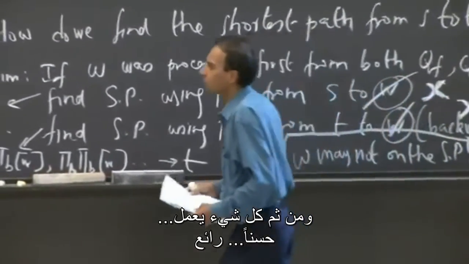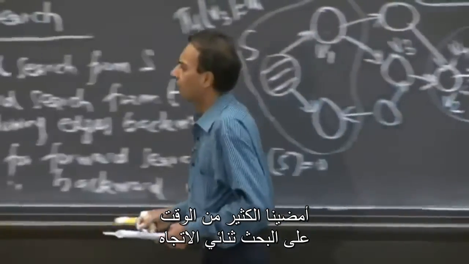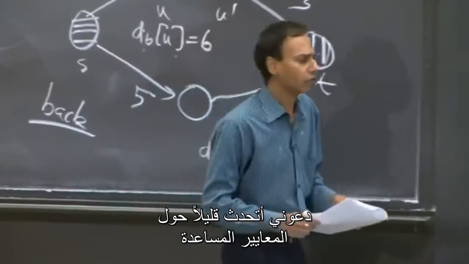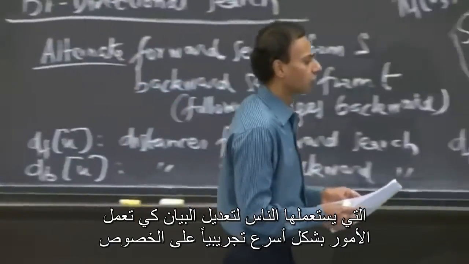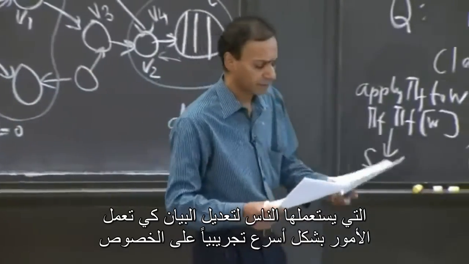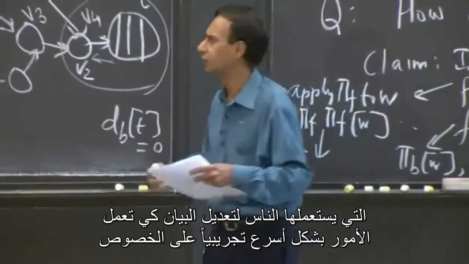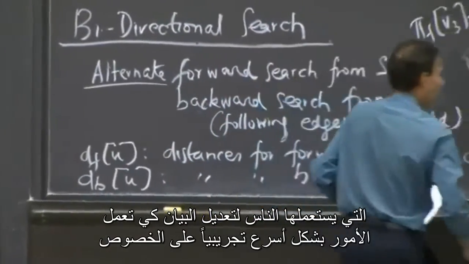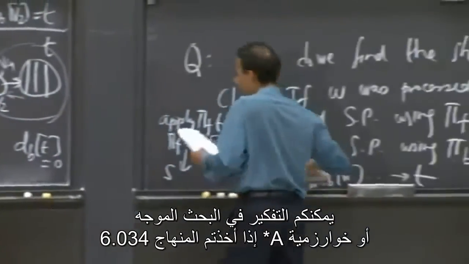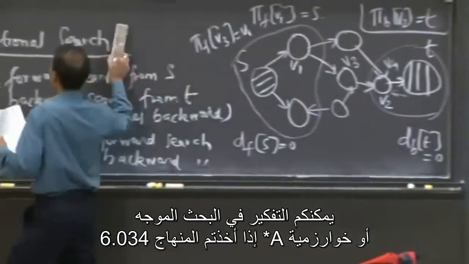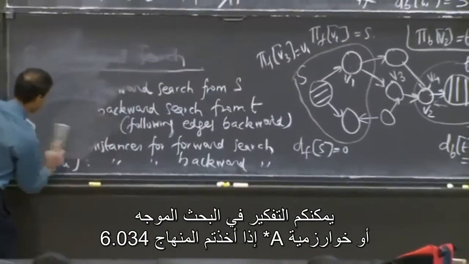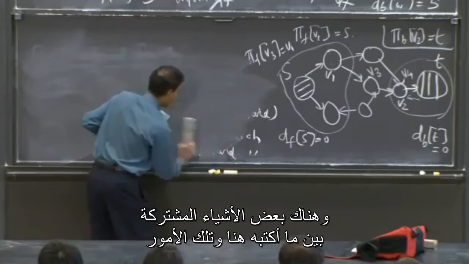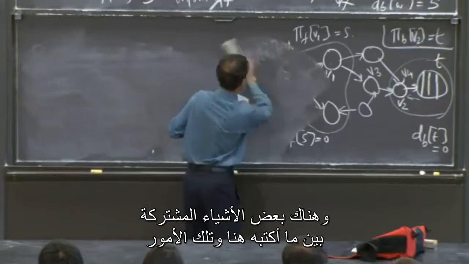All right, great. So that's so much for bidirectional search. Let me talk a little bit about heuristics that people use to modify the graph so things run faster in practice. In particular, you can think about goal-directed search, or A star, if you've taken 6.034, and there's some commonality between what I'm going to talk about here and that material.